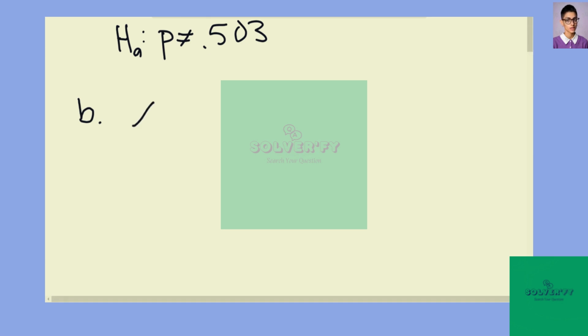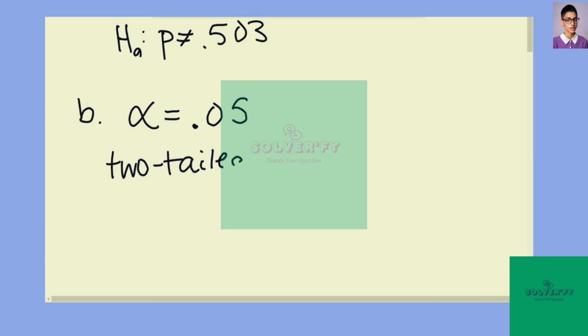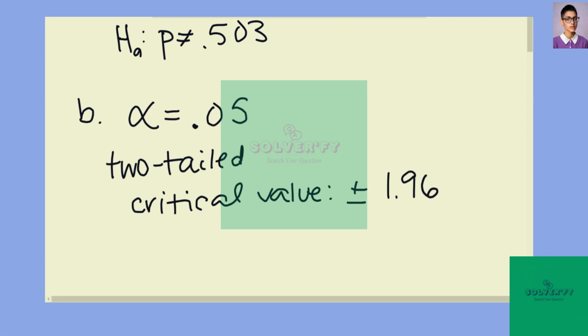Since we are not given an alpha level, we will just default to alpha equals 0.05. And since this would be a two-tailed test, since it is just different than or not equal to, our critical value should be plus or minus 1.96.